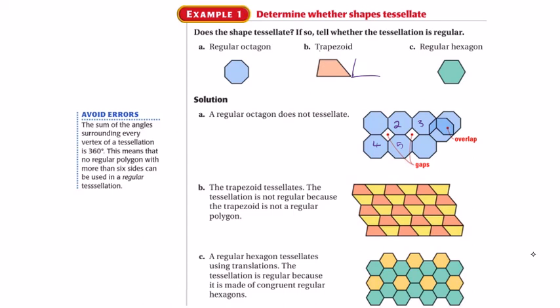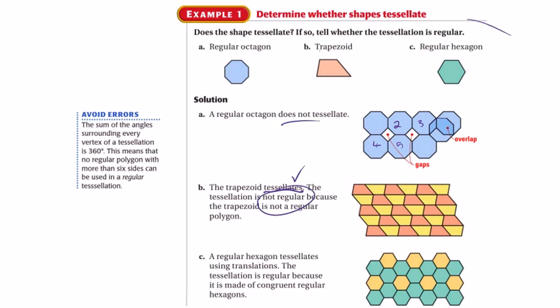So they end up reflecting it and then doing a horizontal shift. And then they reflect it again and do a vertical shift to repeat all those rows. So it does tessellate, that's good, but it is not regular.